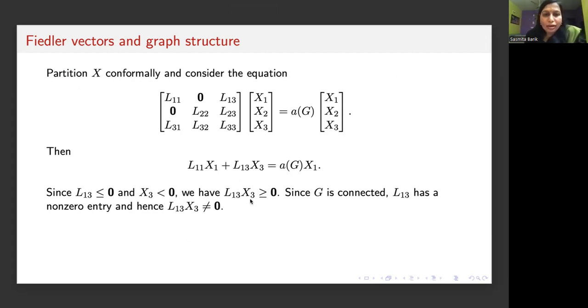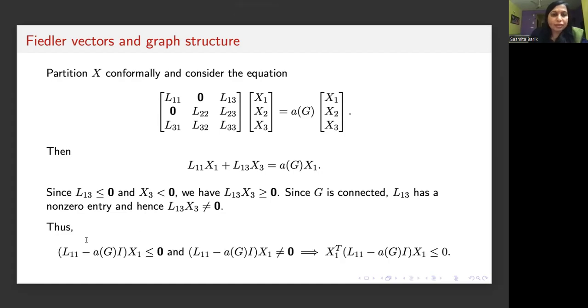And then we have L13 into x3, that will be greater than or equal to 0, because these both will be multiplied. So that will give you L13 x3 greater than or equal to 0. And then since G is connected, L13 must contain some non-zero entries. So this tells that L13 x3 must be not equal to 0. I think x3 should be less than 0, containing all the negative vertices. So this is not equal to 0.